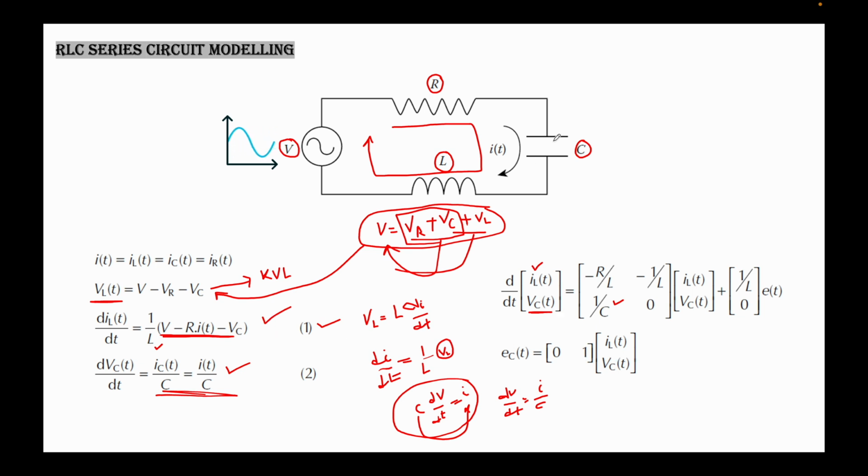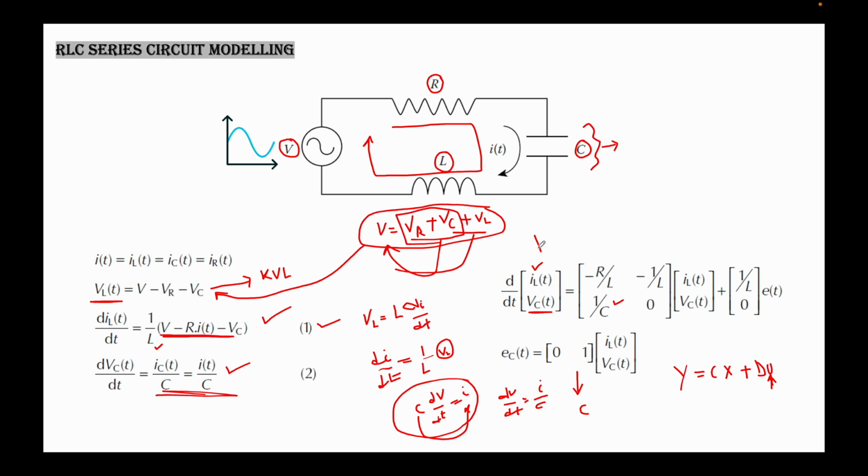Now, suppose you want to know the voltage across this capacitor, then in the output equation, you can mention it in the C matrix. So basically, this is the C matrix, and the common form of the output equation looks like this: y equal to C into X, which is the state vector, plus D into U, which is the input matrix and input to the system.